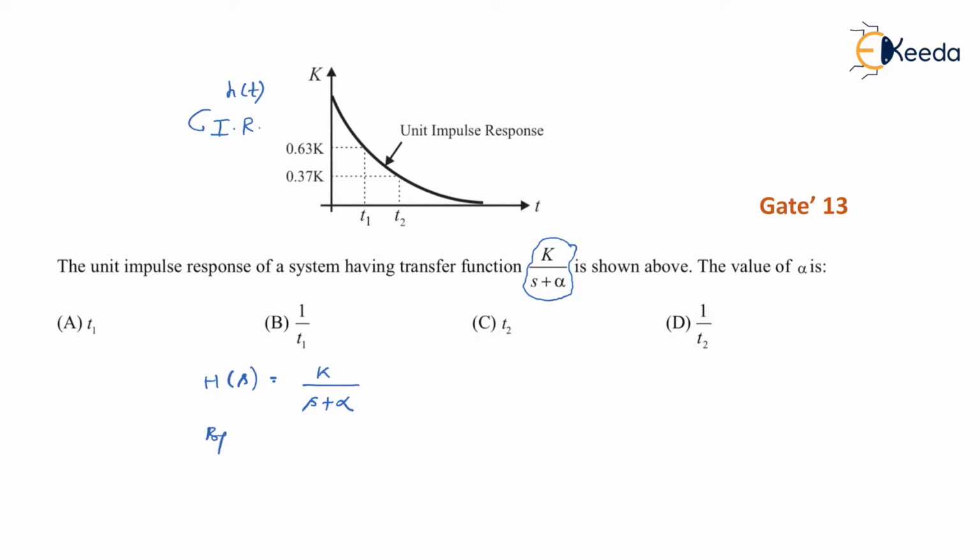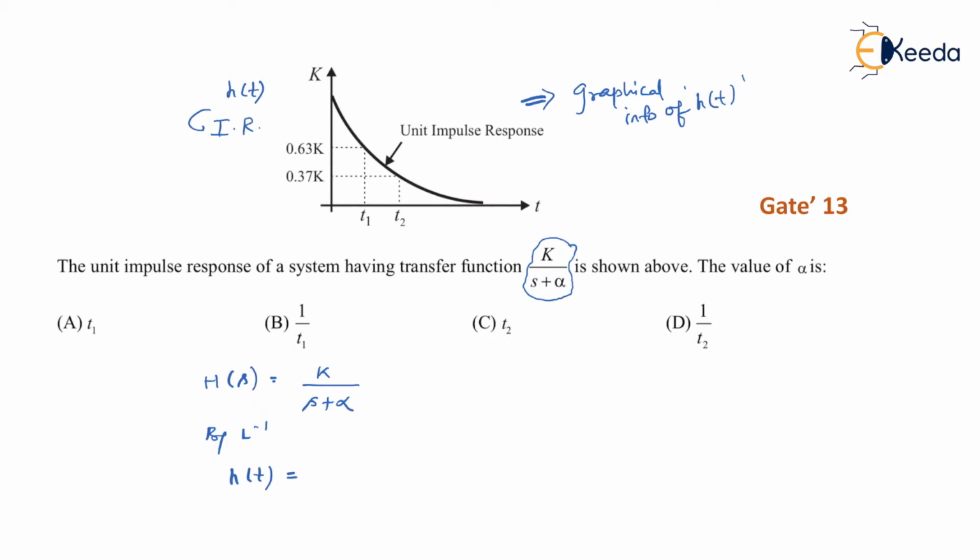By inverse Laplace, I can get h of t, which is an impulse response. So what they have provided is also an impulse response, but that information is given in a graphical way. So this is graphical information of h of t.